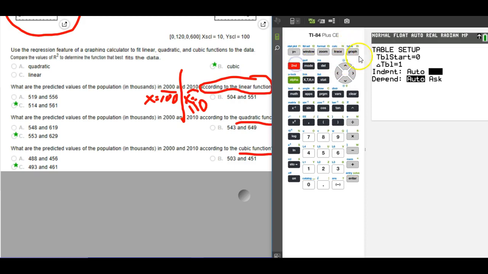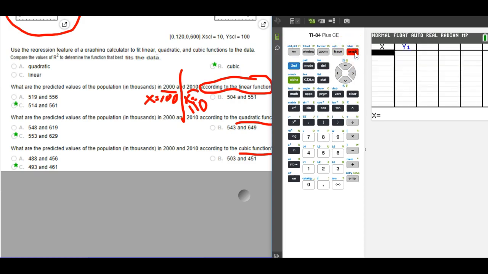So second graph. And I'm putting in my x's, which were 100 and 110. Okay, so for the linear, you can see 514, if we're just rounding, and 561.